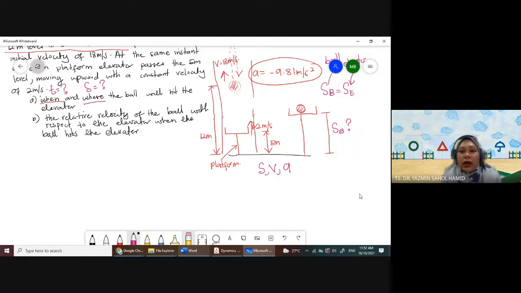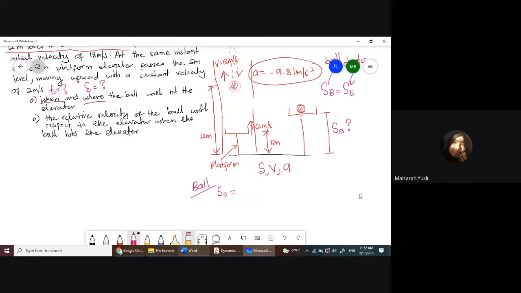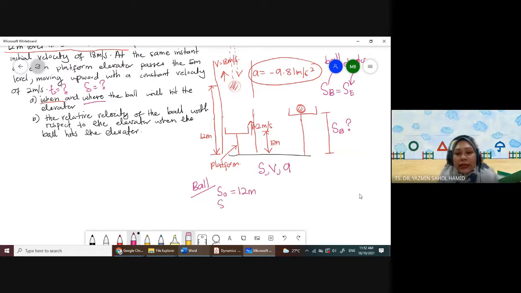So now let's write down for the ball. What is S naught of the ball? 12 meter. What is SB of the ball? Unknown.